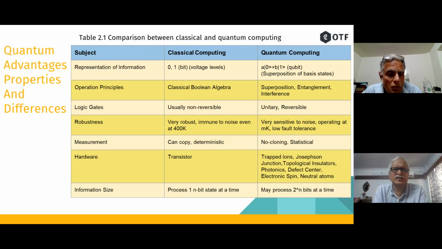The noise could be any electrostatic noise, electromagnetic noise, thermal noise. It is absolutely sensitive to all such noises, and because of this, it has a low level of fault tolerance. So we need to ensure that these devices operate at millikelvin temperature ranges, so that the thermal noise can be brought down and the atomic level interactions can be observed, right?